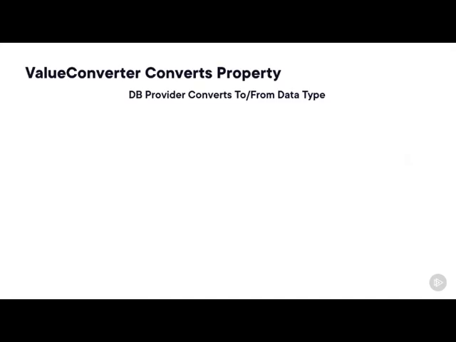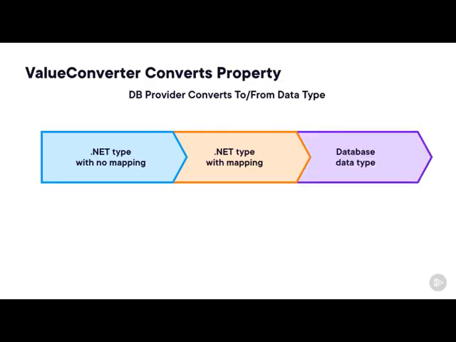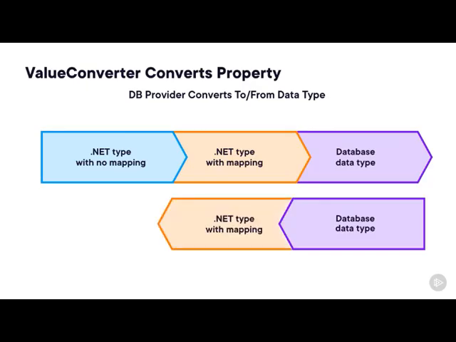It's important to understand that you're not converting to a data type. You're converting a type that doesn't have a mapping into a type that does have a mapping, and then EF Core knows how to store that in the database. And on the way back, EF Core transforms from the database to a type it knows how to map to, and then your code converts it back to that unmappable type.